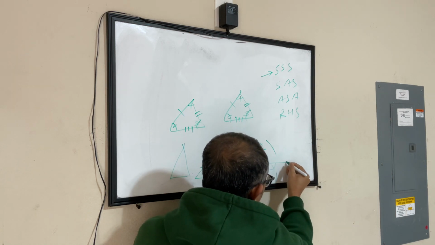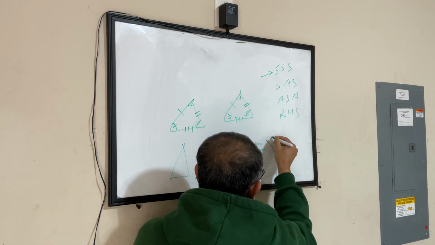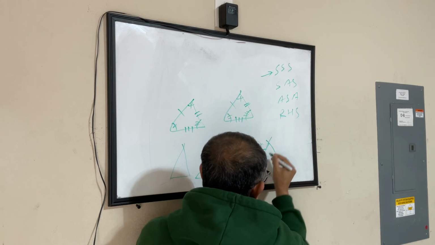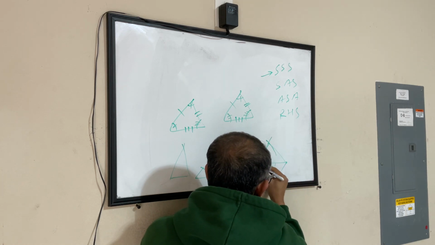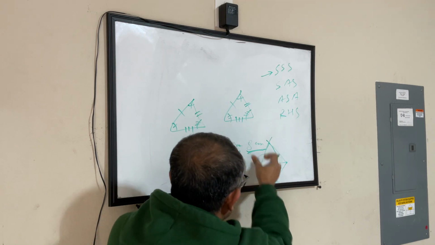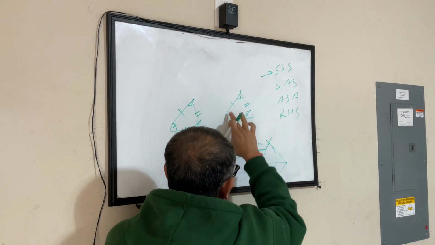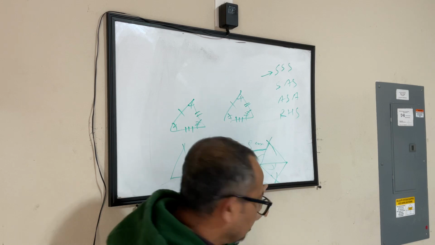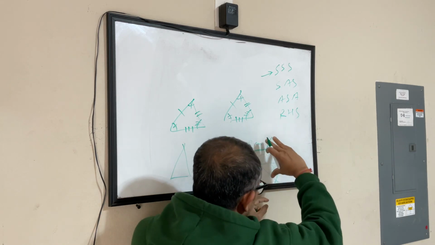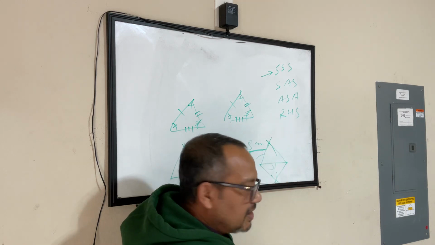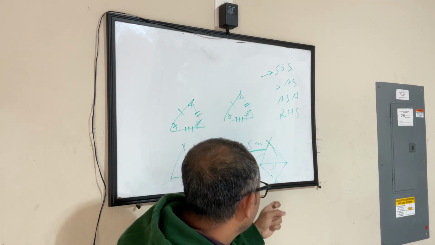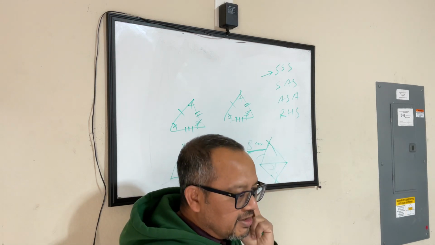Cut this from this point. Take a radius of 5 centimeters and see wherever this is intersecting. This is your one triangle and this is your second triangle. Now you can say, okay, I'll take this as a base and then one side 8 centimeters, other side 4 centimeters, and see where it's meeting. The only thing that will change is that the triangle is rotating, but you will end up having two triangles which are exactly congruent.